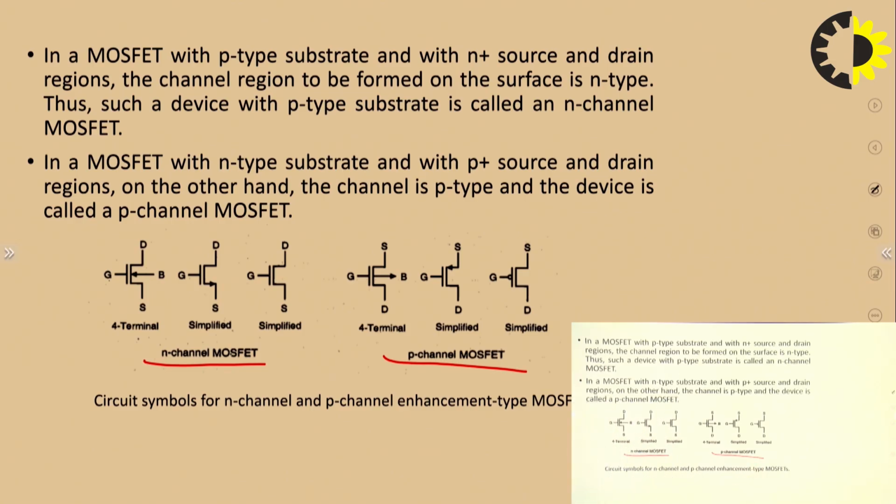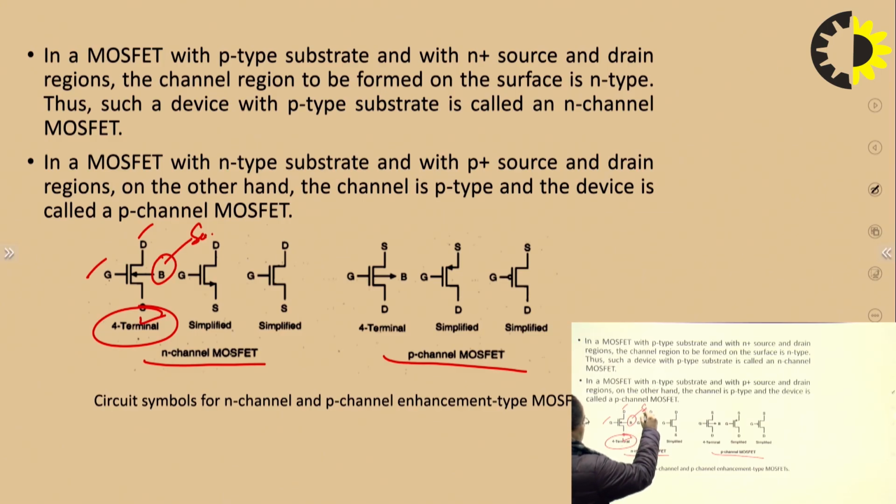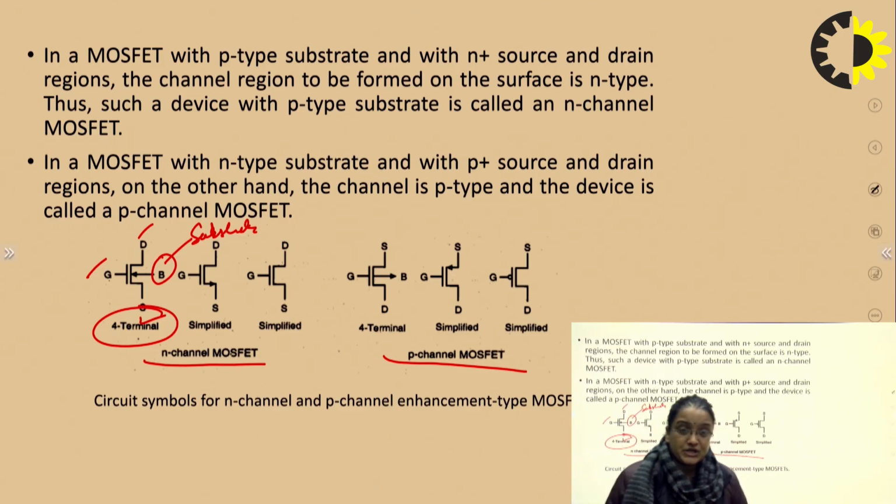What we are seeing in this is a 4-terminal device: one is the gate terminal, another is drain, source, and this is the body terminal, or we call it the substrate terminal. And why do we say it is a voltage control device?